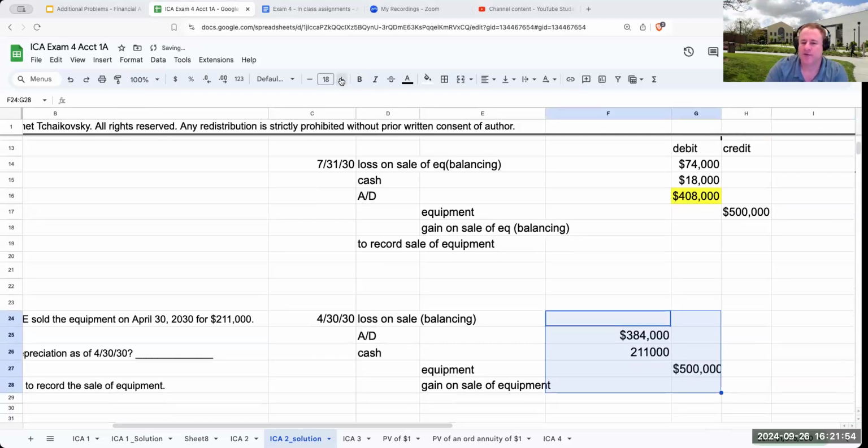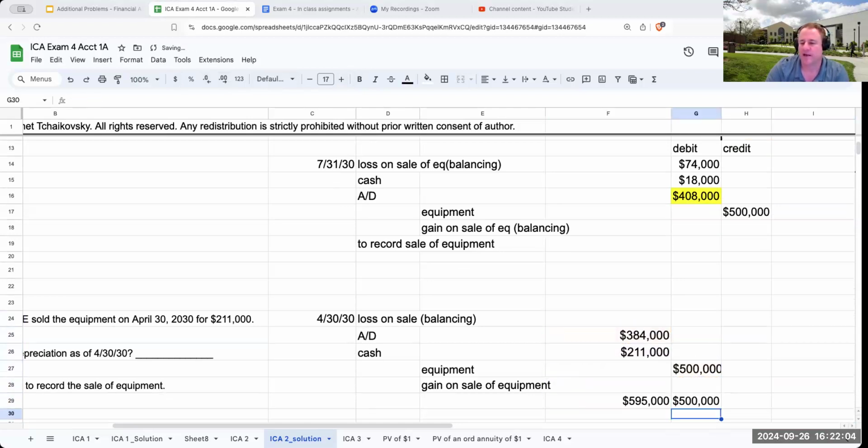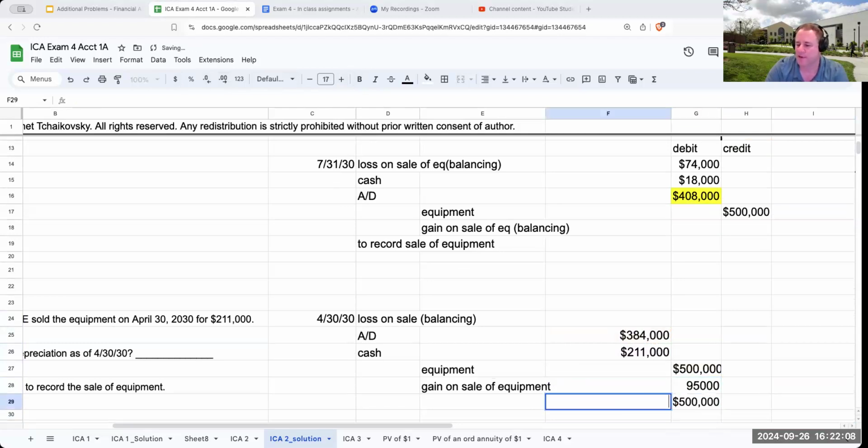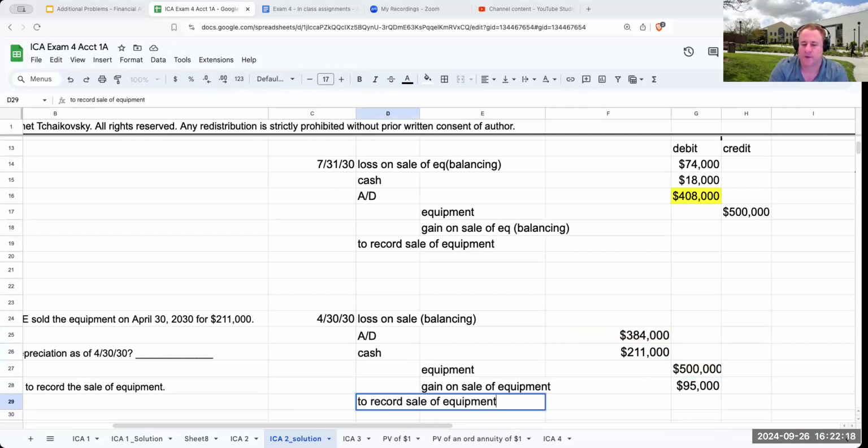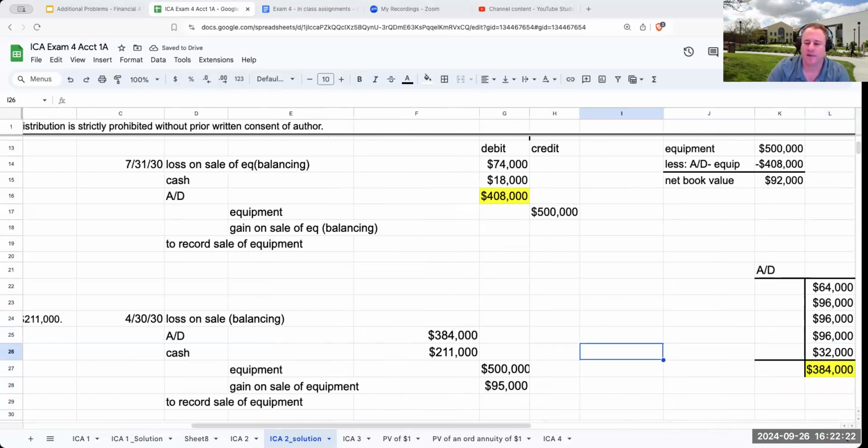Now, if I use the same thought process and ask what do I need to do to balance? Well, over here I have 595 and I have 500. In this case, I need a credit of 95,000 to balance this equation. And this is going to be a gain on sale of equipment. I don't have a loss, we have a gain. But why do we have a gain? Well, think about this.